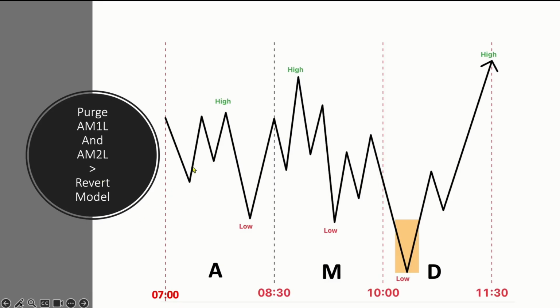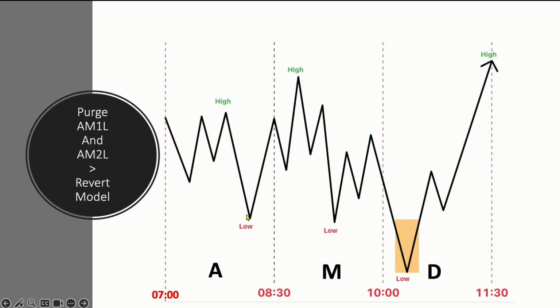This occurs when during the first AM cycle the market has been trading inside of a range, then towards the end reprices lower, forming a low, but immediately reprices higher back into the range. Then during 8:30 to 10, the market creates a higher high relative to the previous cycle's high, and it then falls lower. But notice that equal lows are being engineered right here.